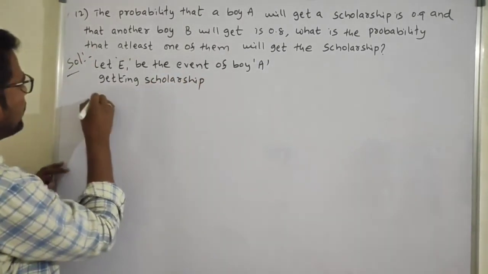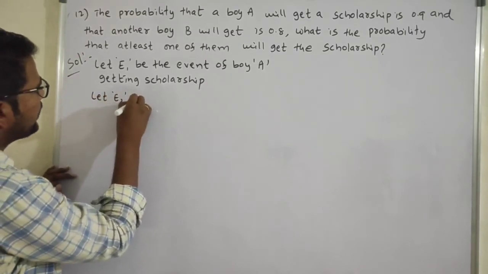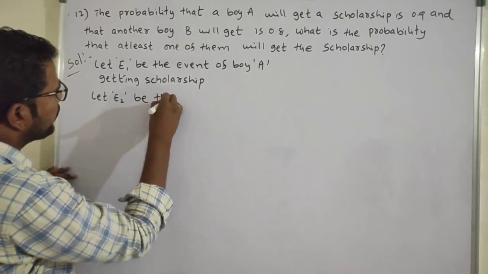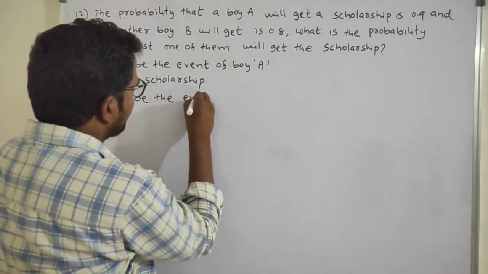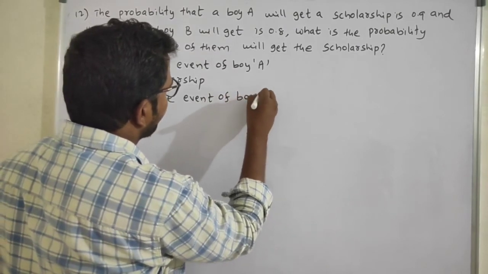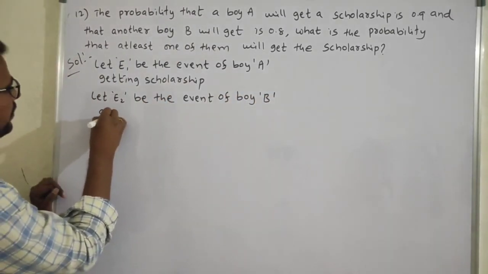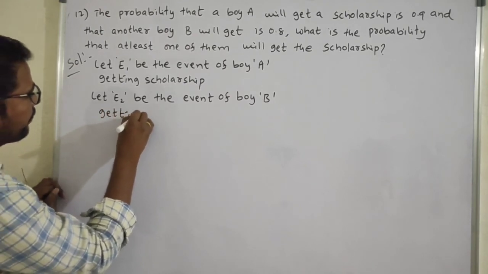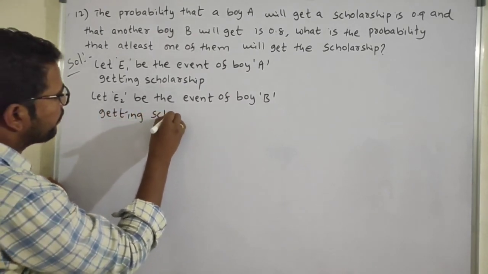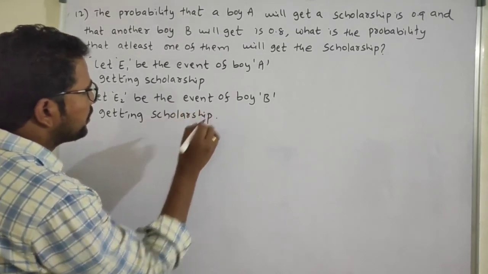Take another event. Let E2 be the event of boy B getting the scholarship.